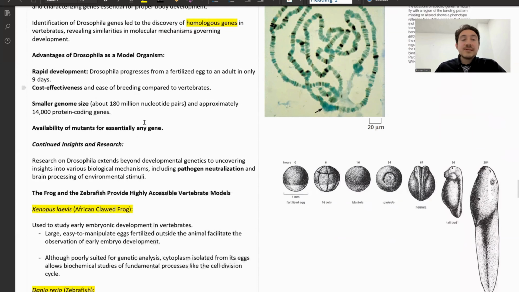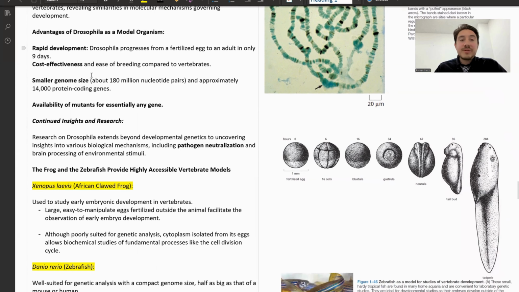Advantages of using Drosophila: rapid development. Drosophila progresses from a fertilized egg to an adult in only 9 days. That's incredibly important when you want to evaluate development.